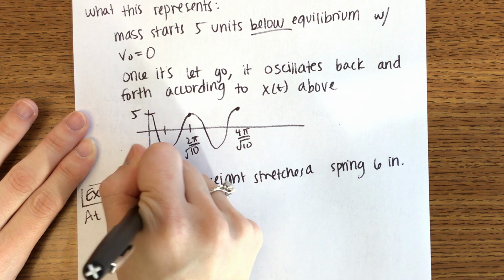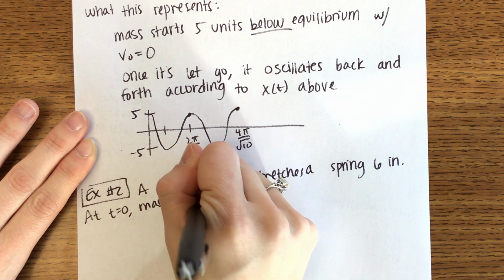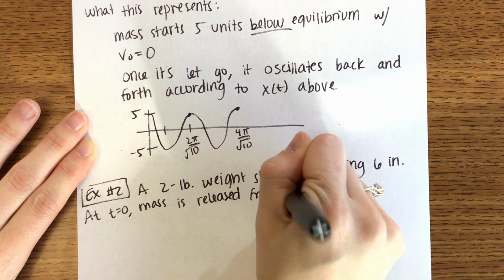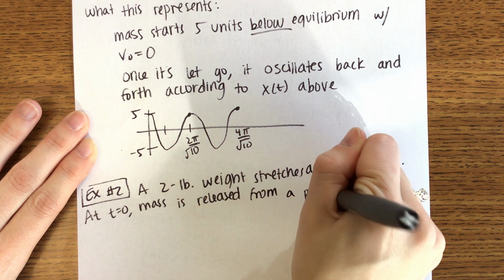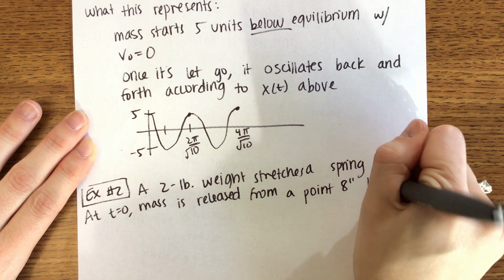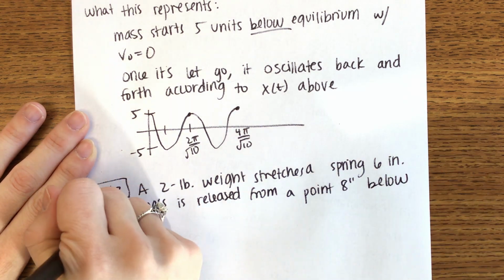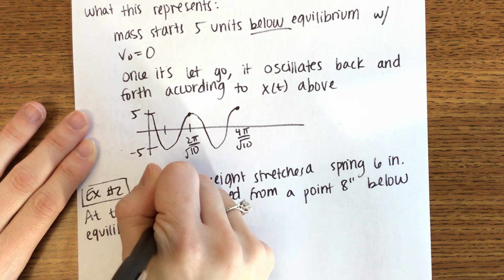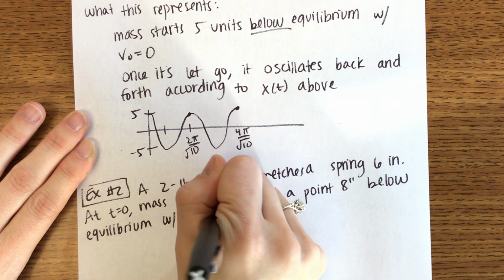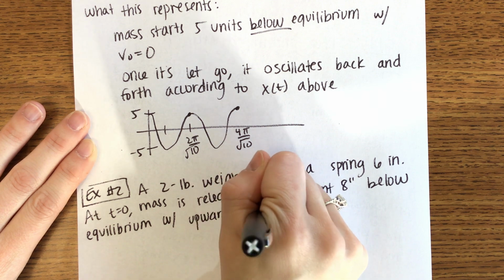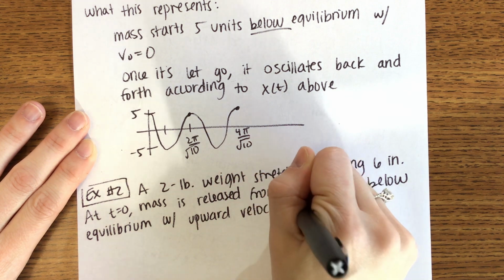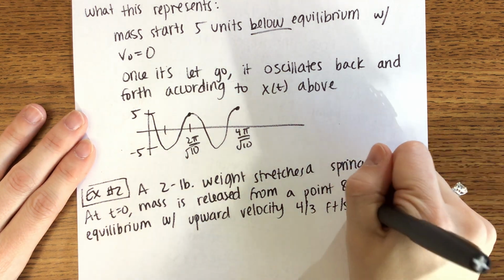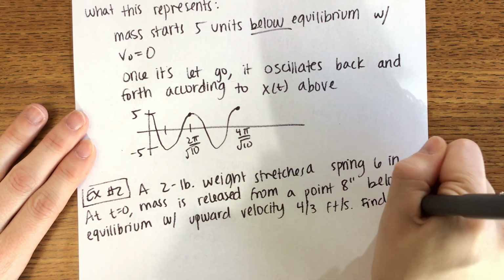At t equals 0, the mass is released from a point 8 inches below equilibrium, with upward velocity 4/3 feet per second. We are finding x of t.